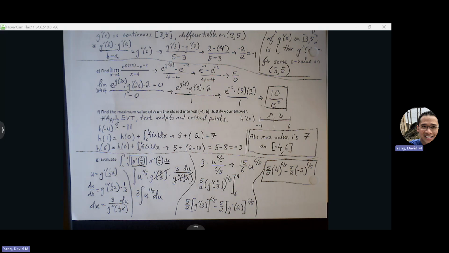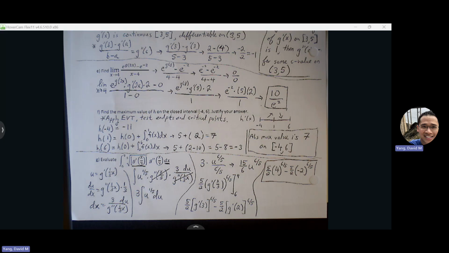Clean that up, replace the u back in terms of x, and then we can plug in our upper and lower bounds. Once you plug in your upper and lower bounds, replace the g prime in terms of a numeric value. But once you're down to a numeric value, you can just leave that alone. That is sufficient.